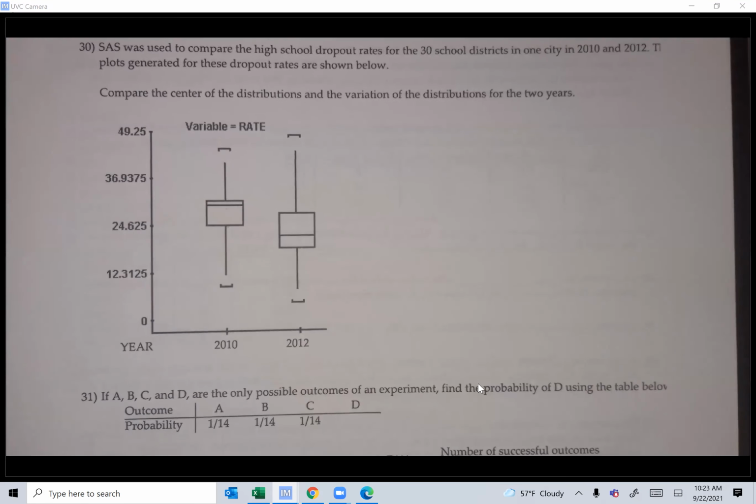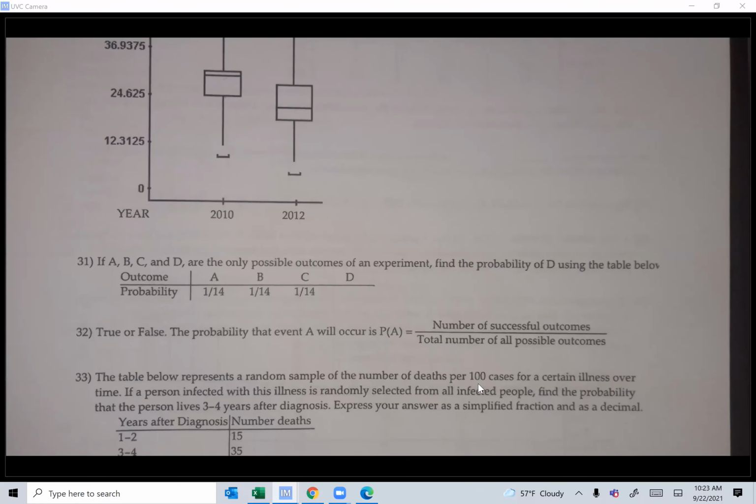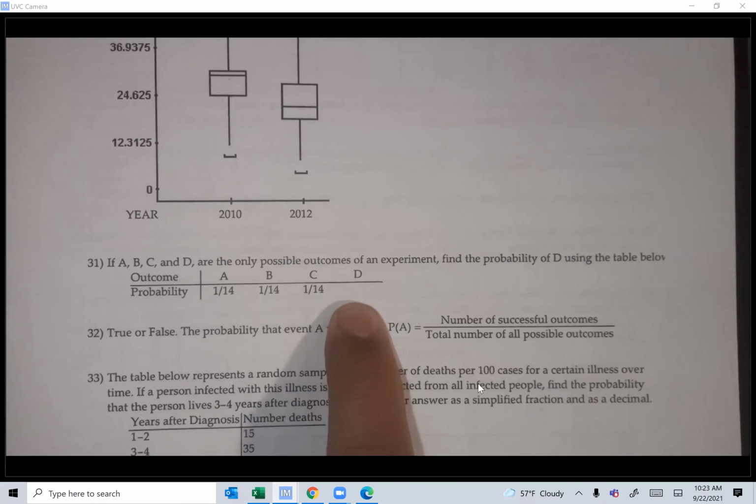Okay, now we're getting to chapter 3. If A, B, C are the only possible outcomes of the experiment, find the probability of D. Can a student tell me what should be in the blank there? You remember the sum of all probabilities has to add up to 1.